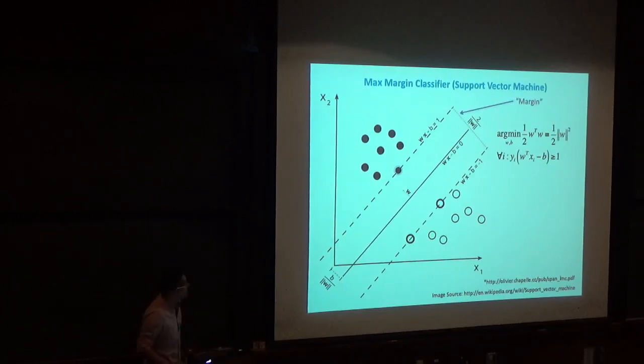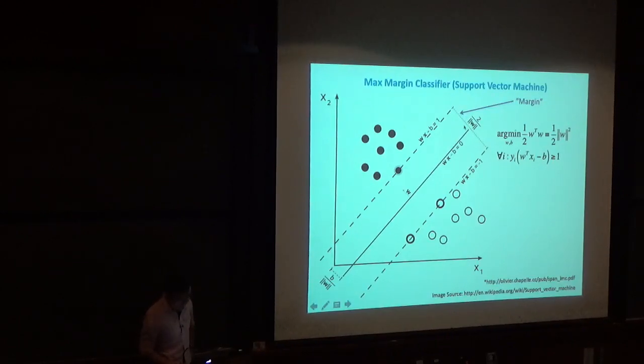OK, so here's the margin. Right here. So I'm enforcing that for the positive examples, W transpose X minus B is at least 1. For the negative examples, W transpose X minus B is no greater than minus 1. And the margin is this.